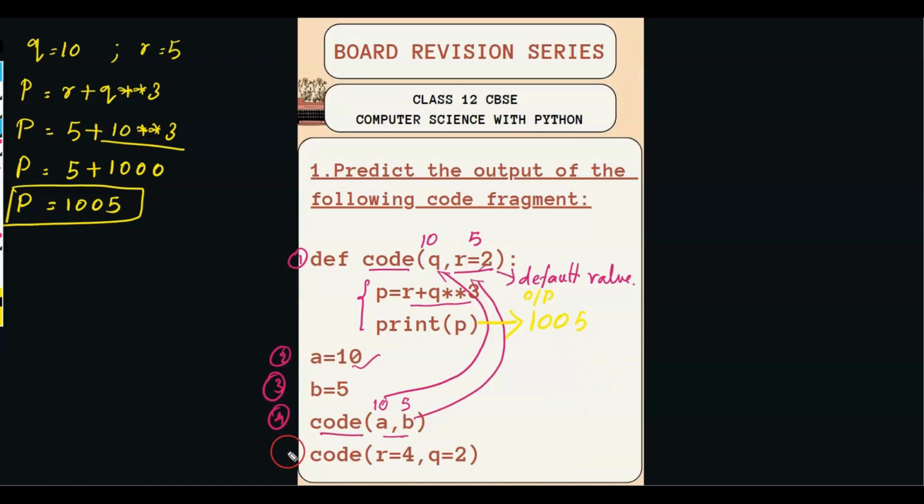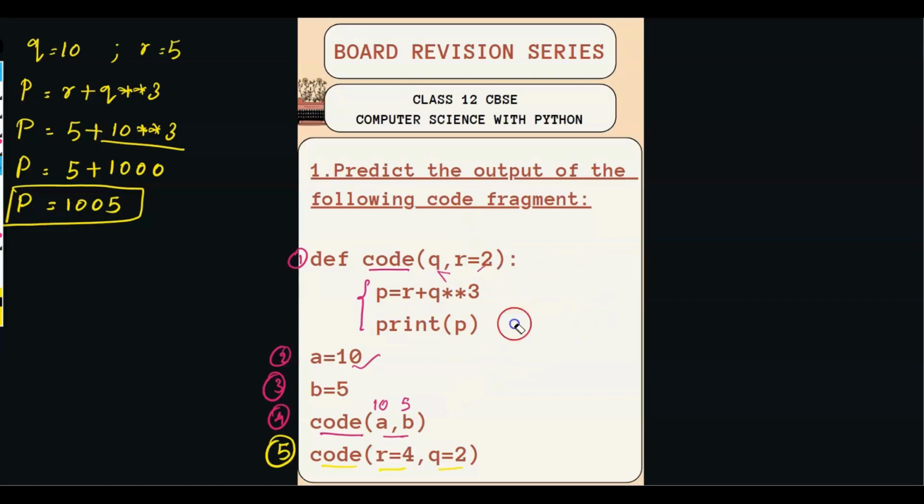And there is another function calling statement at the last statement in the program. So code of r is equal to 4 and q is equal to 2. Let me erase the unwanted things now so that you can understand easily. Now r is equal to 4 is given, right?